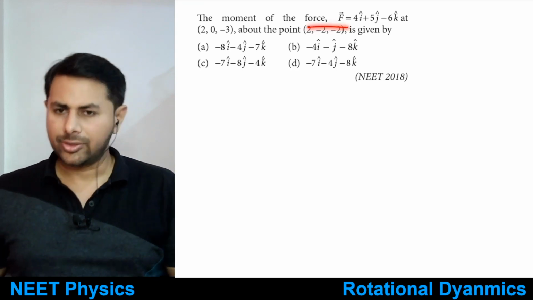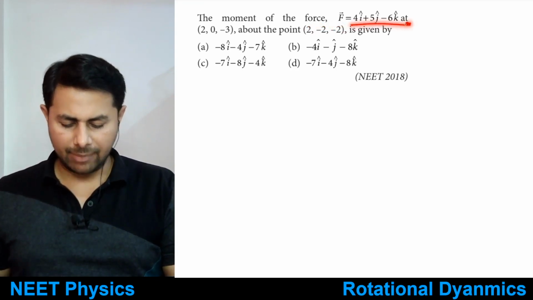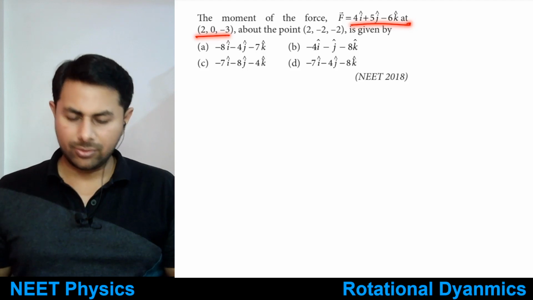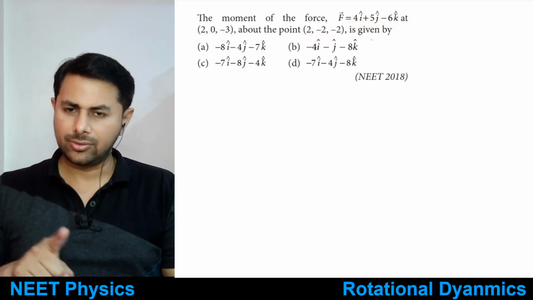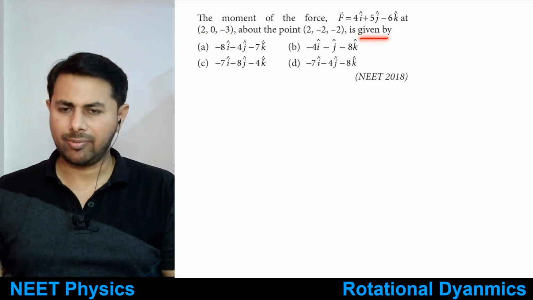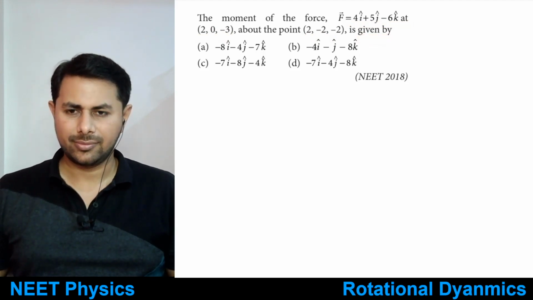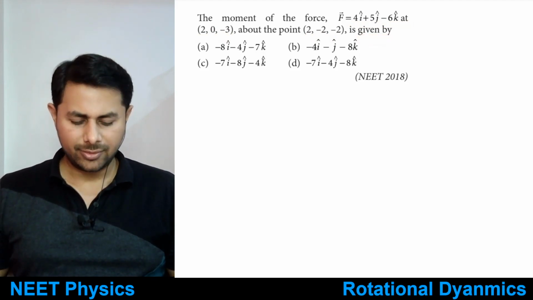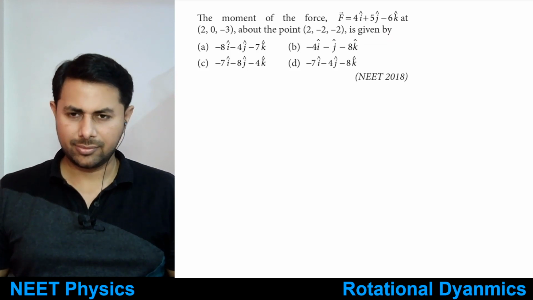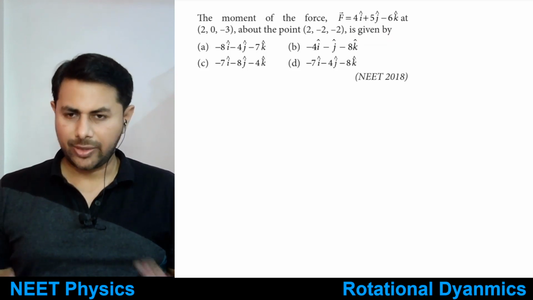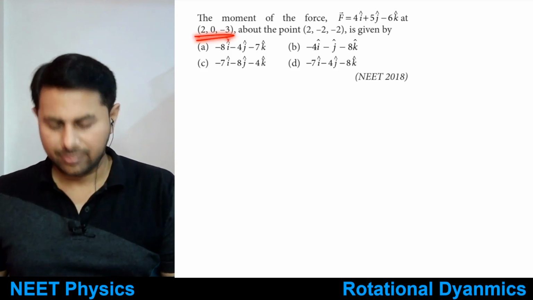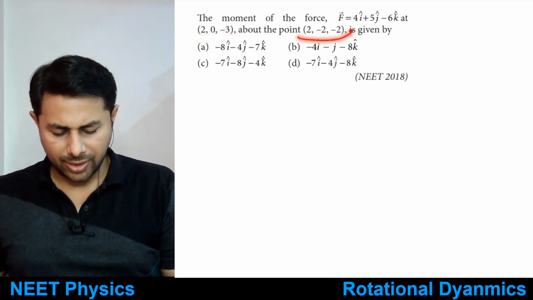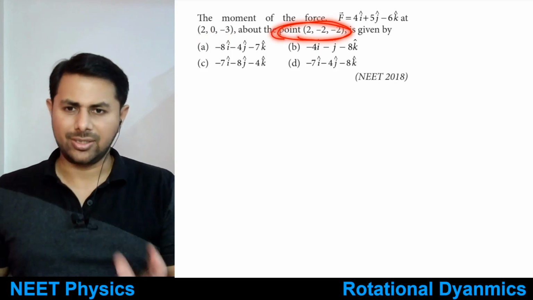The moment of force F bar, this is F bar at 2, 0, minus 3 about a point 2, minus 2, minus 2 is given by. Tell me. So what does this thing mean? You have this point and you are calling this point as origin.